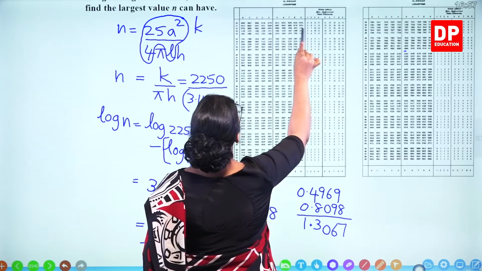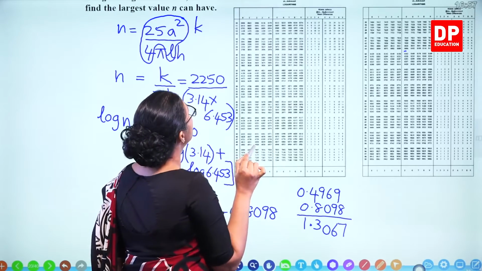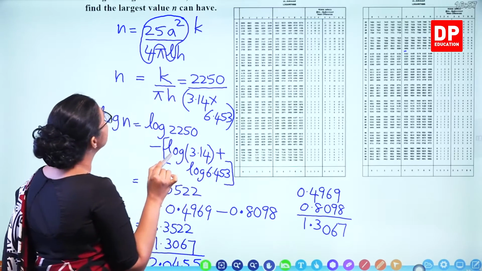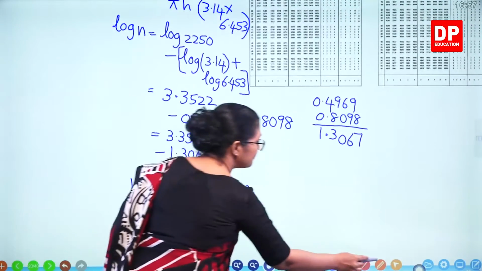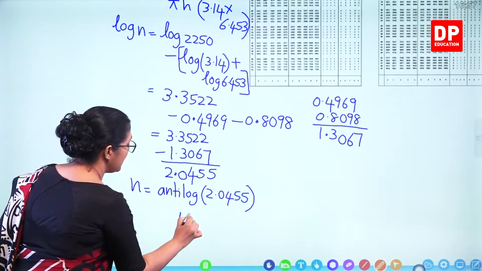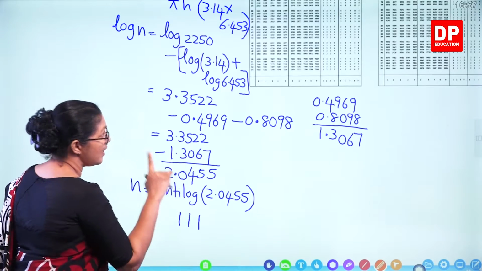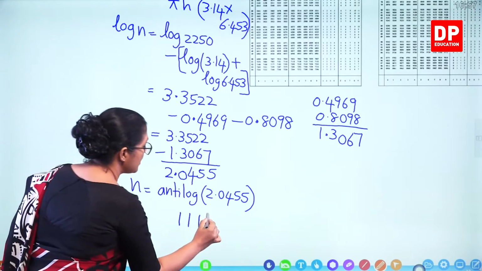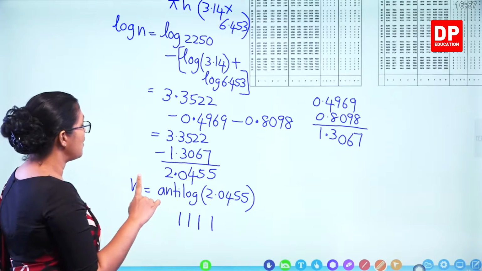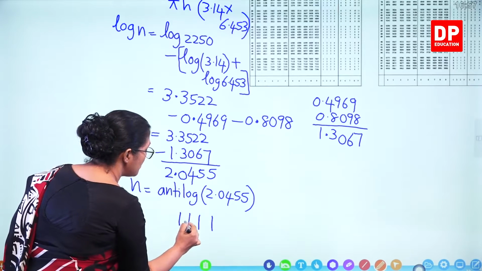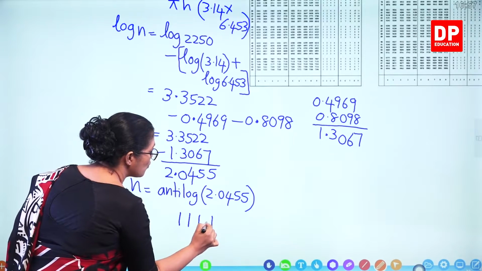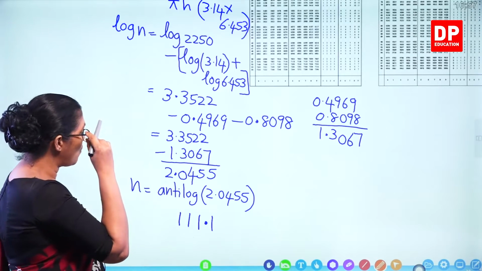So that's too big, so you can say 111.1.